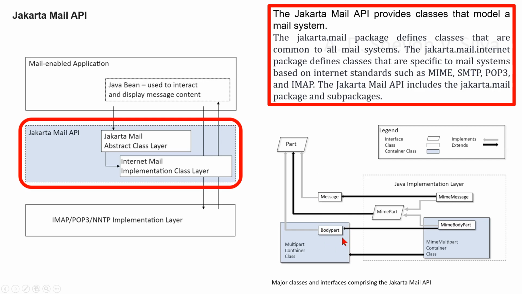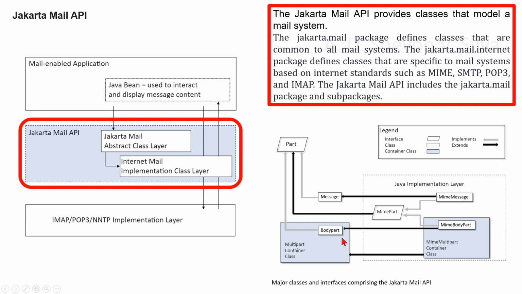The body part class is an abstract class that implements the part interface in order to define the attribute and content of the body. It has the attribute and content body definitions that part declares.